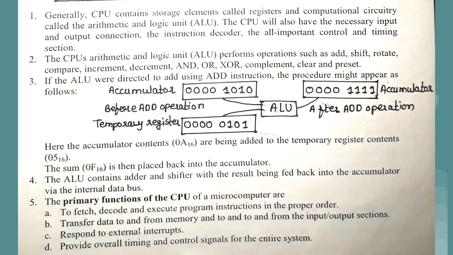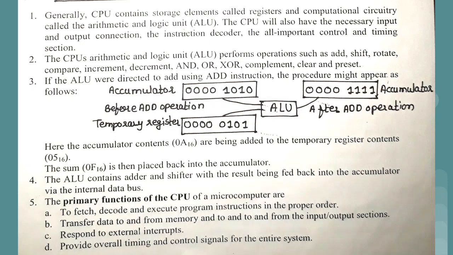Whenever we want to perform, suppose, addition, we have two important registers. The first one is the accumulator and the second one is the temporal register. If I want to perform addition, then one number must be stored inside the accumulator, and the second number which you want to add you can store inside the temporary register.